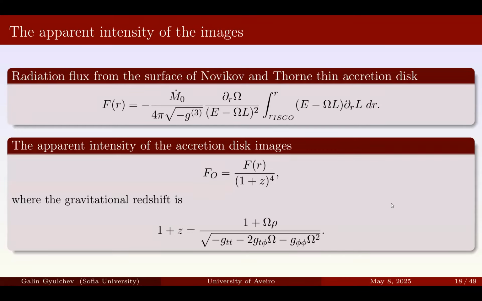Then if we know just the integrals of motion, the energy and the angular momentum of the particles on circular orbits, we can calculate using this formula derived in the paper of Page and Thorne, I think. So we can use this formula for the radiation emission of the disk, and after that, in order to understand what is being observed, you can include the redshift because of the loss of energy of the photons.